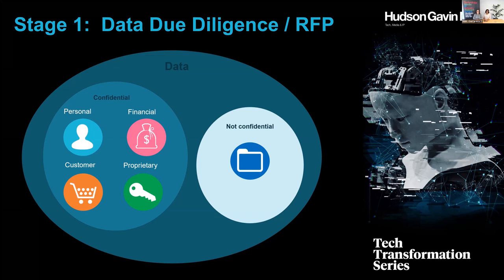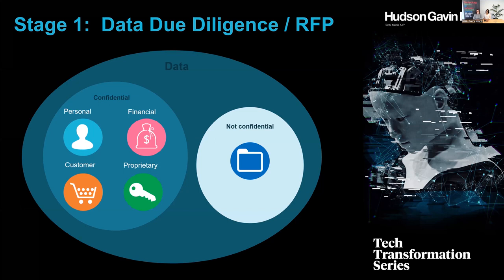So once you understand the nature of the data that will be involved in the project, then as a customer, it will be easier for you to then pin down the obligations that you are likely to have in respect of that data, and also to then understand what you will need to pass down to an implementation partner or a vendor in terms of security requirements and privacy requirements that will allow you as the customer to comply with your obligations.